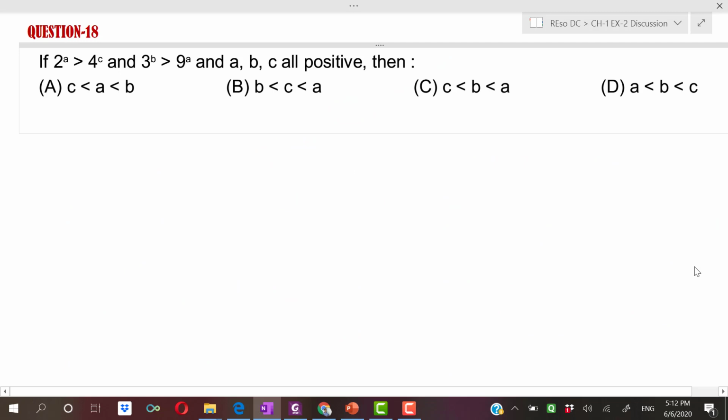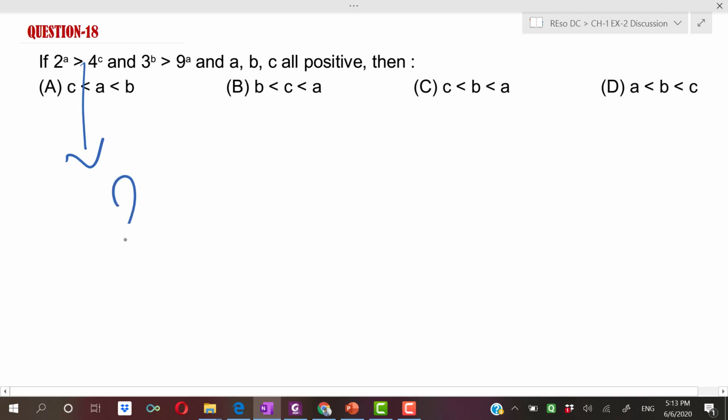Question number 18. 2 raised to the power A is greater than 4 raised to the power C. 3 raised to the power B is greater than 9 raised to the power A. And A, B, C are positive numbers. Then I have to give the relation between A, B, and C. So from this, 2 raised to the power a is greater than 4 raised to the power c.